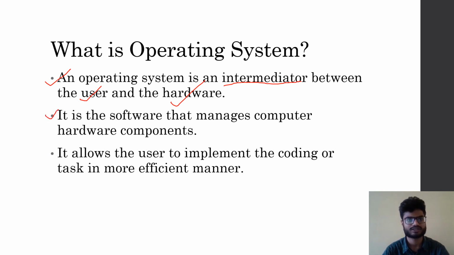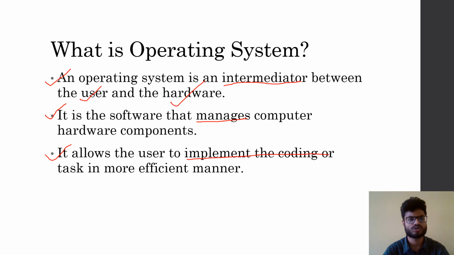The second point is it is software that manages computer hardware. Managing computer hardware means the operating system checks whether a hardware component is working properly or not. Like if there is any error in the keyboard, or it is not attached properly, then it will let the user know that some error has occurred, go and rectify it. And then it allows the user to implement code and tasks in a more efficient manner.